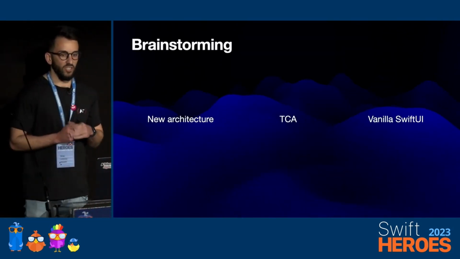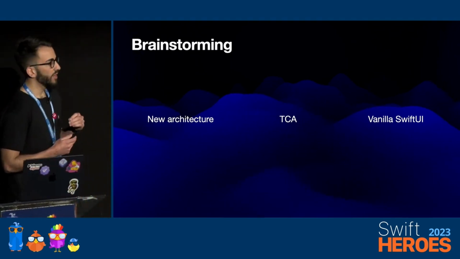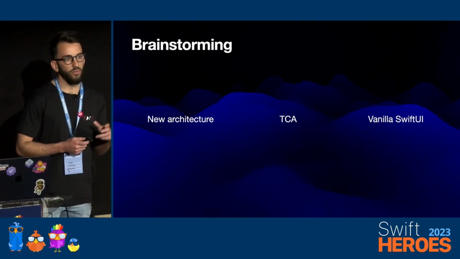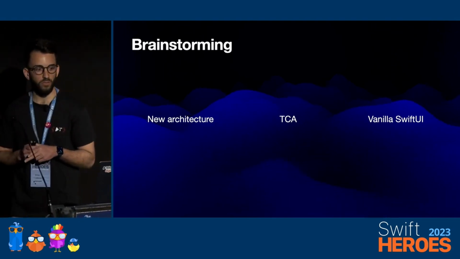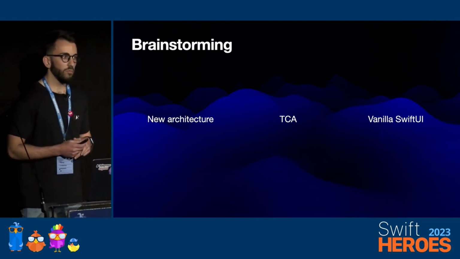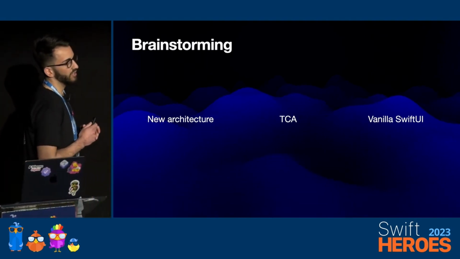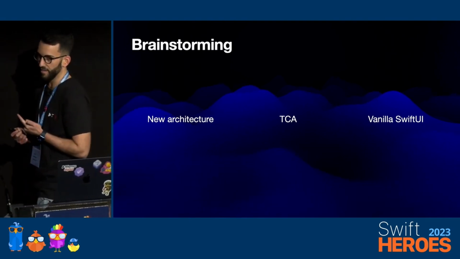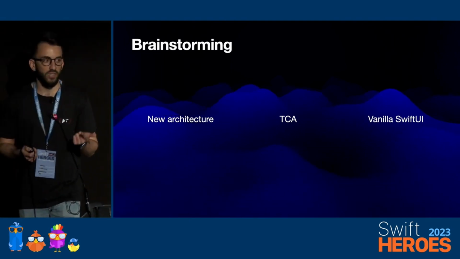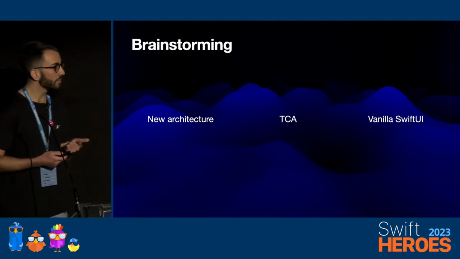To address the challenges we were facing, we divided our team into 3 squads, each with a specific focus. The first squad worked on creating a new architecture. The second one focused on integrating the composable architecture into our app.